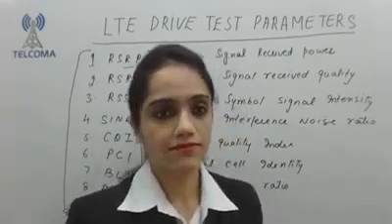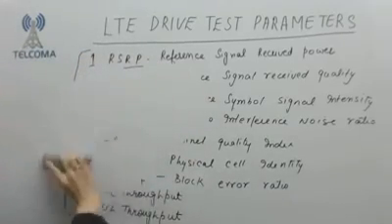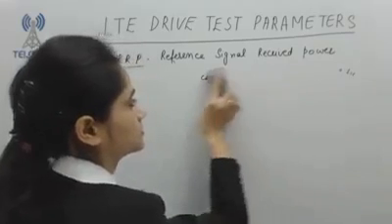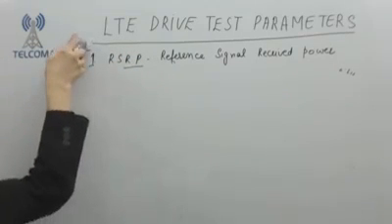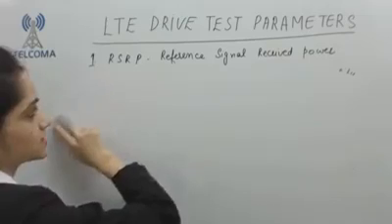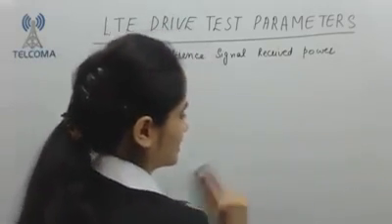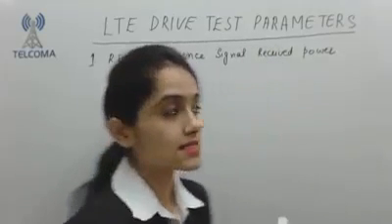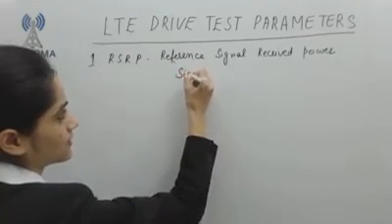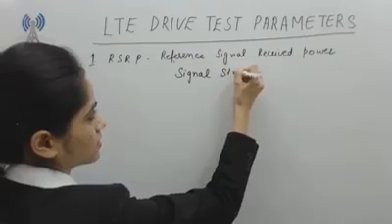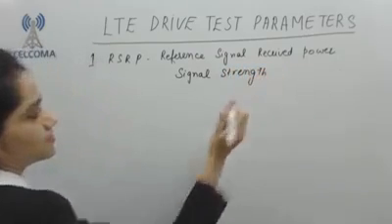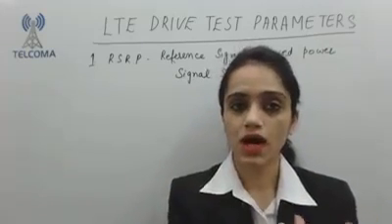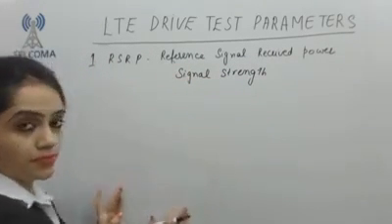Let's start with the very first, RSRP, which is reference signal received power. This parameter will show me the signal strength. If I want a particular signal strength of a cell, I need to monitor RSRP power.